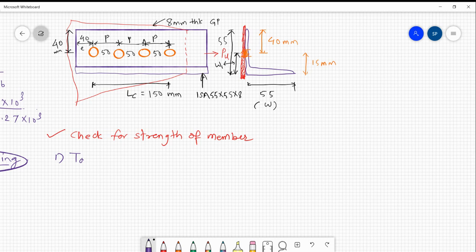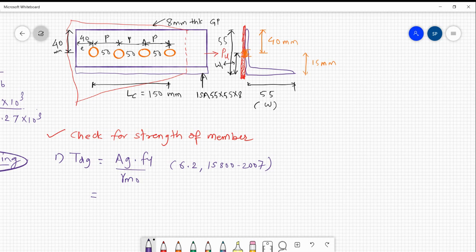starting with TDG, which is equal to AG into Fy upon gamma m0. This is as per clause number 6.2 of IS 800 2007. According to this clause, you will be getting this value. The AG of the selected member we have already listed, so that AG value is already known to us from the steel table.